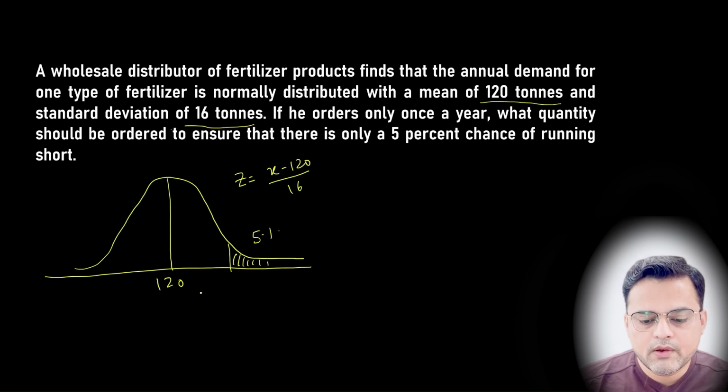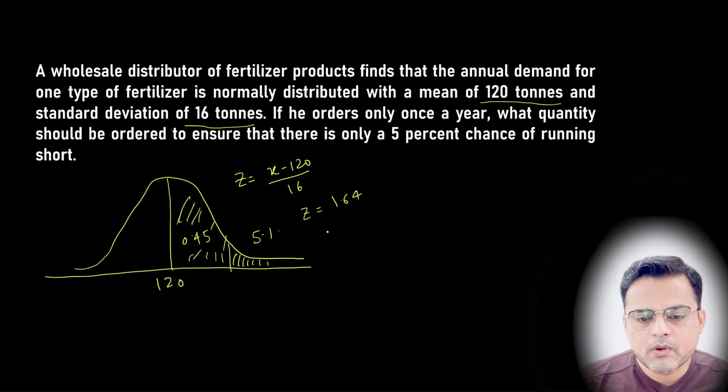So if you have to find this 5% of short, this area will be 0.45. Now we'll put the values. So the z value for 0.45 will be 1.64, because we have to cover this area of the portion.